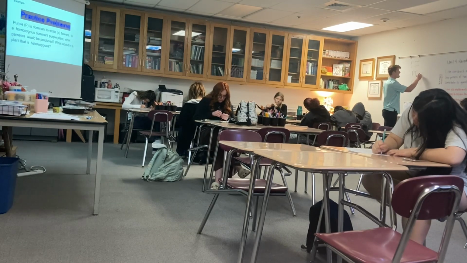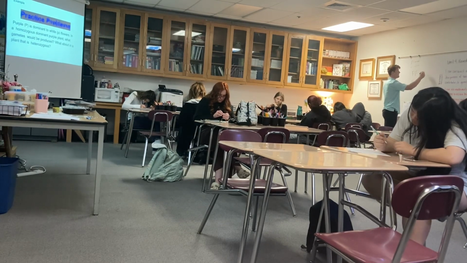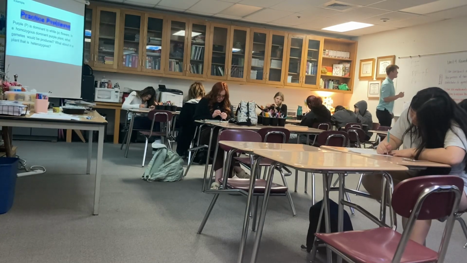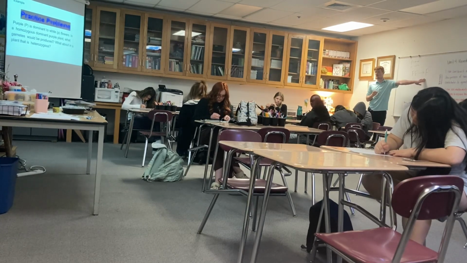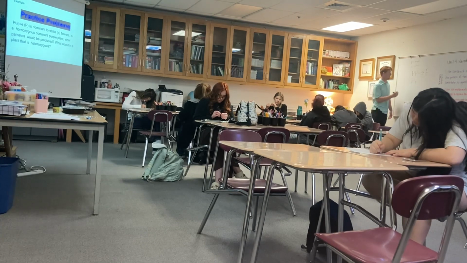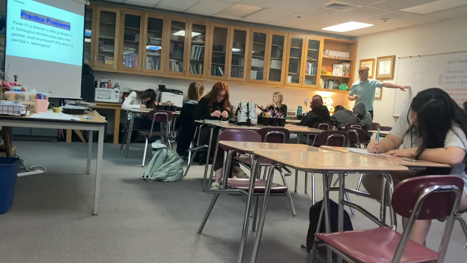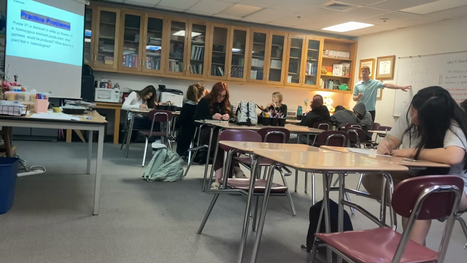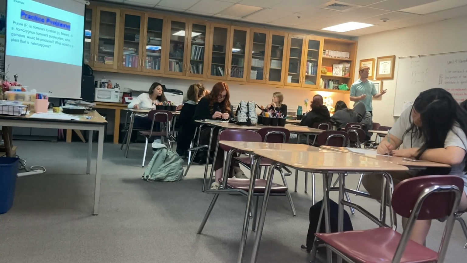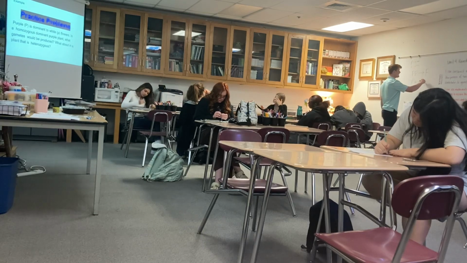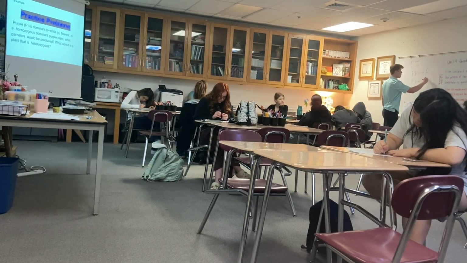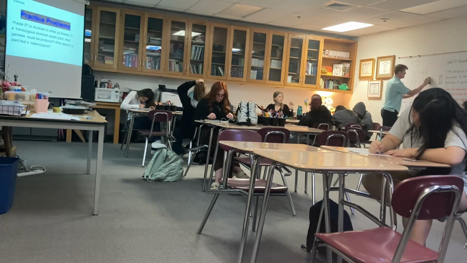A homozygous dominant parent can only give a dominant allele because that's all it has, so it would only produce gametes with dominant alleles. This parent here is heterozygous, which means it has 1 dominant allele and 1 recessive, so it could give either the recessive one or the dominant allele.